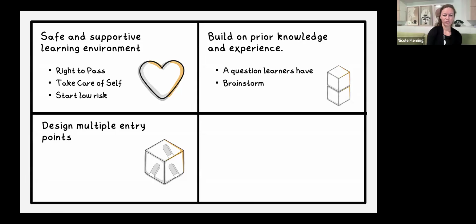So your box number 3 of your window pane. So design multiple entry points, and I have a cube here with multiple doors. That one was a really hard one to find an image for. So draw an image that works for you. It might just be a door.